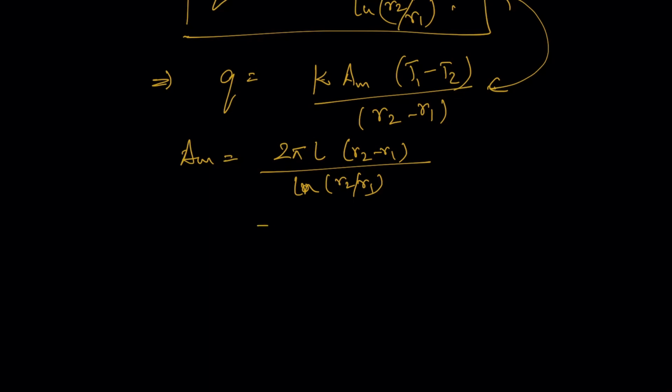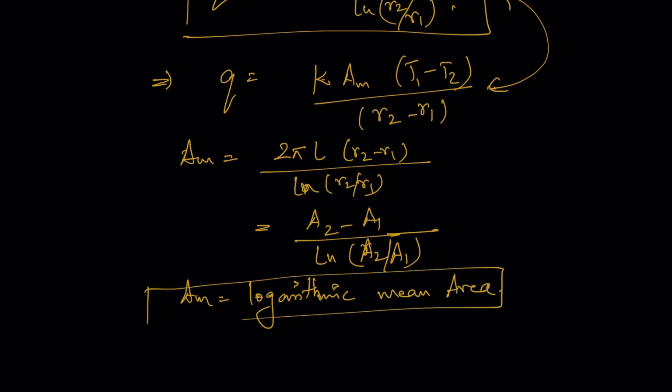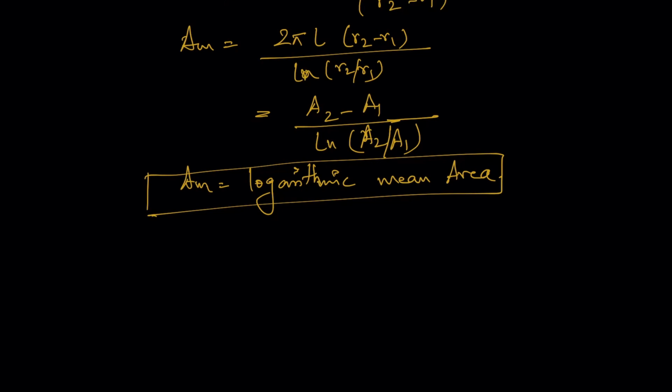And this can be written as A2 minus A1 divided by ln A2 by A1, and therefore Am is also called the logarithmic mean area. So A2 is 2 pi r2 l and A1 is 2 pi r1 l.